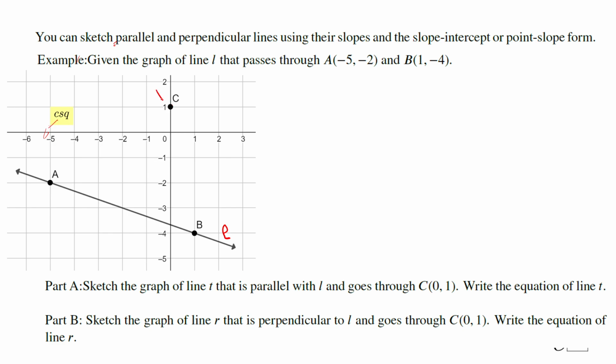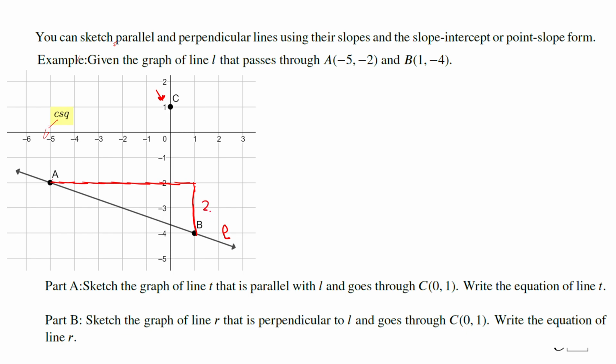Okay, so it's going to go through this point. So the first thing you want to do is find the slope of this line. And probably the best way to do it is to use these 2 points that are given to us. It's the safest way. You see, I use this graphical way to find the slope.